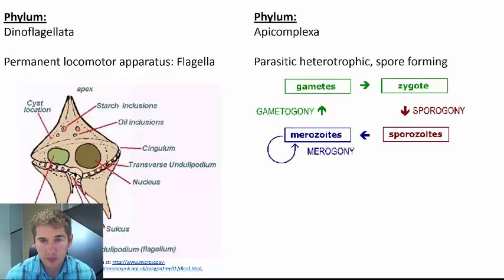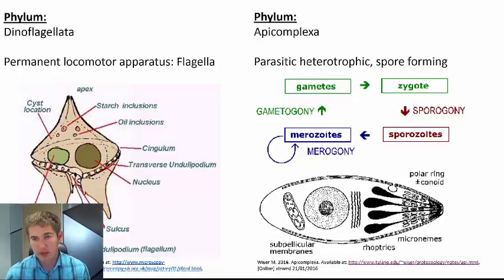So the fourth body plan, we have a phylum called Apicomplexa. These are all parasitic. So what we have is that they have a secondary host and a definitive host. The definitive host might be a person where the organism matures, and the intermediate stage might be in a mosquito.